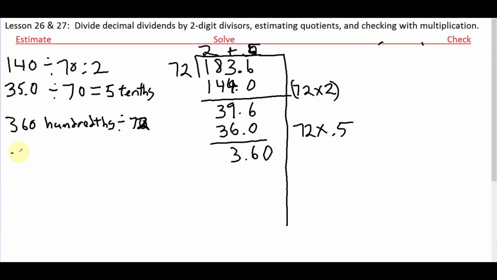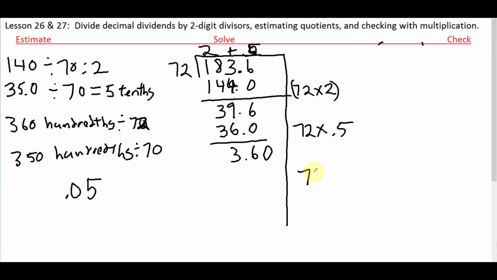So for my estimate, 350 hundredths divided by 70. 350 divided by 70 is going to be 5, so I'm left with 5 hundredths as my next partial quotient.